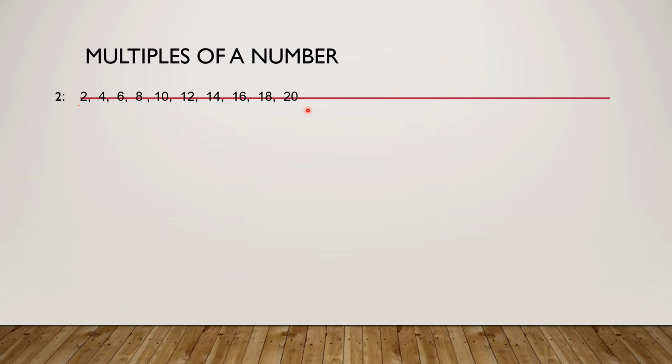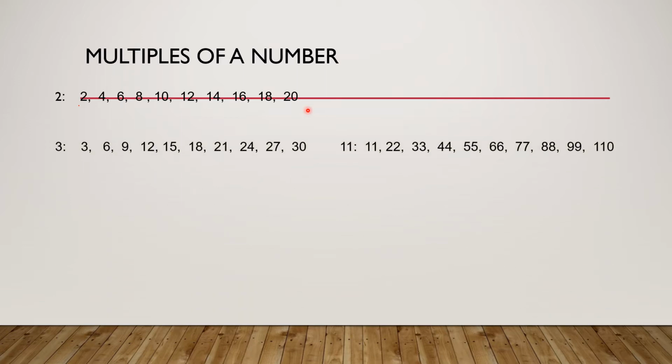Now that's the pattern. And then for the multiples of 3, we have 3, 6, 9, 12, 15, 18, 21, 24, 27, 30. That is by adding 3 at a time. Then for multiples of 4, we have 4, 8, 12, 16, 20, 24, 28, 32, 36, 40.